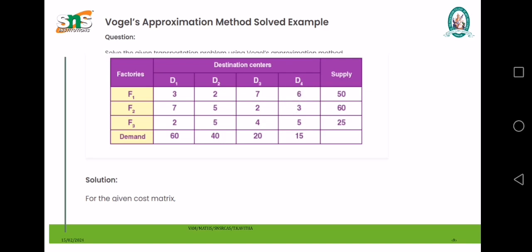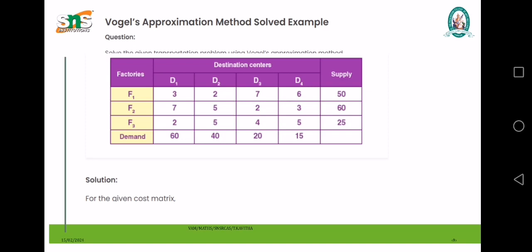This is the problem. Find the IBFS, initial basic feasible solution, to this given problem using Vogel's approximation method. Here factories and destination centers are given, F1, F2, F3 and D1, D2, D3, D4.